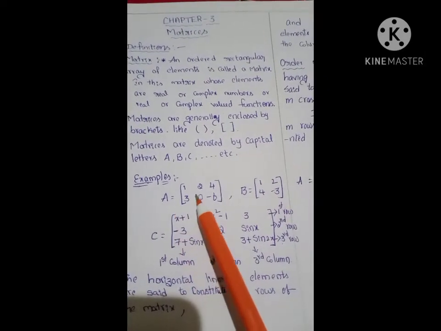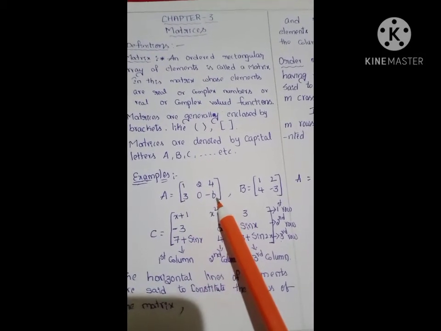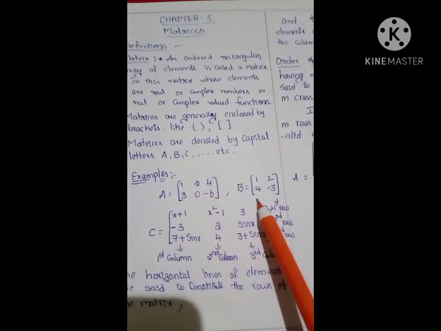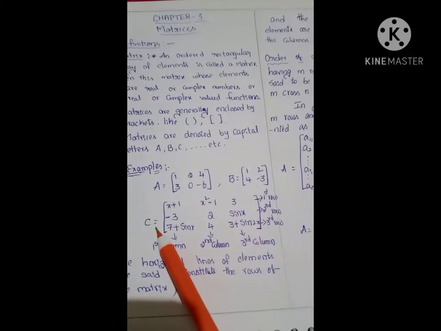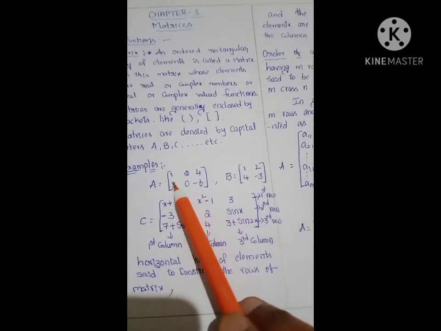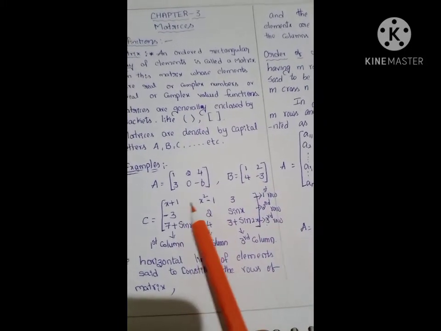A equal to 1, 2, 3, 1, 2, 4, 3, 0, 6. These are elements. This is the B matrix, and this is the C matrix. See here, these horizontal lines are called rows.